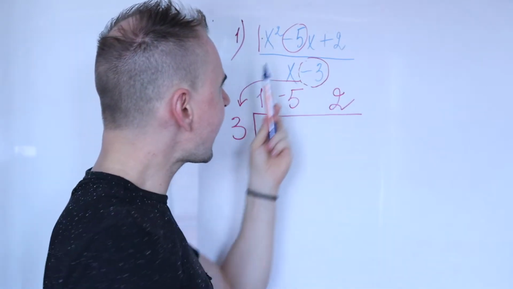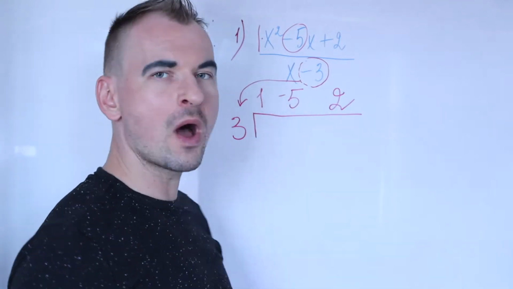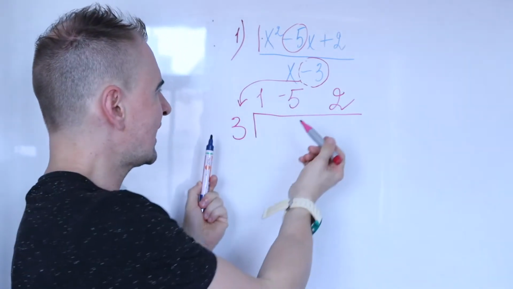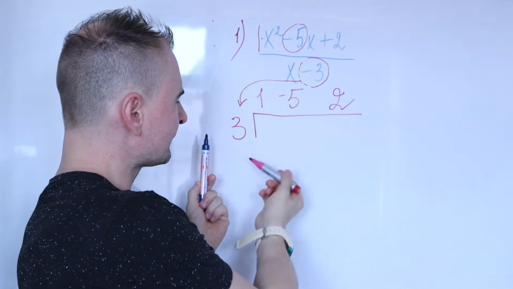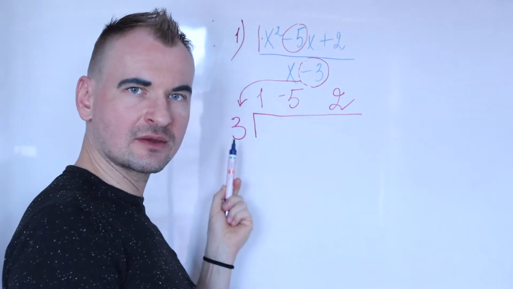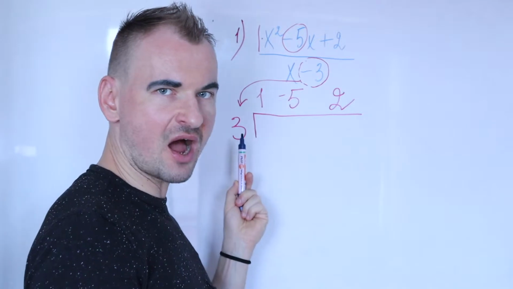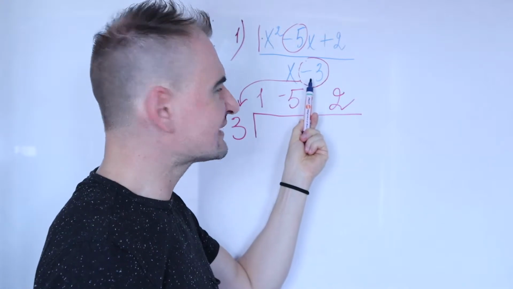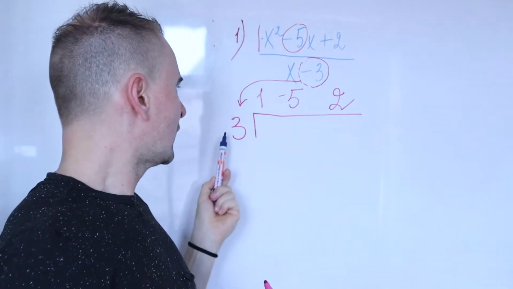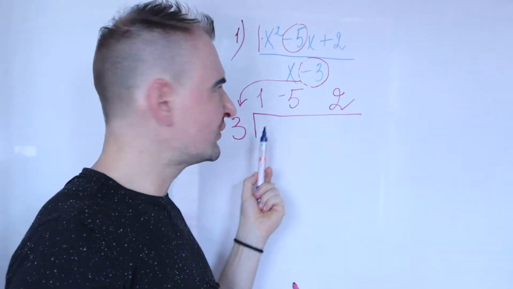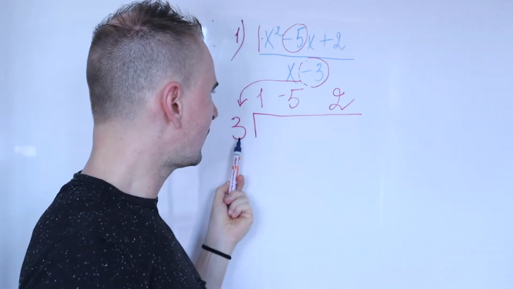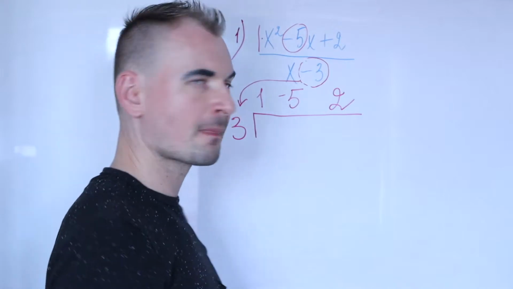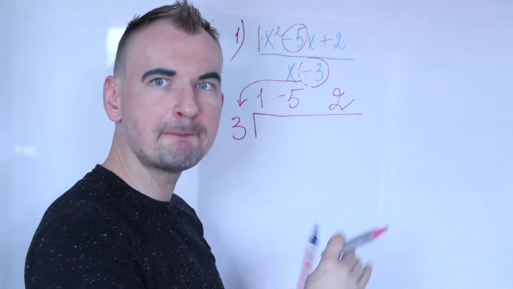So whatever makes your denominator equal to 0, you're going to place outside of this little corner, a number that's going to stick out. So again, if it were a positive number, let's say if we had 3, you would place negative 3. So in our case, it's negative 3. We are going to place the opposite version, which is 3.